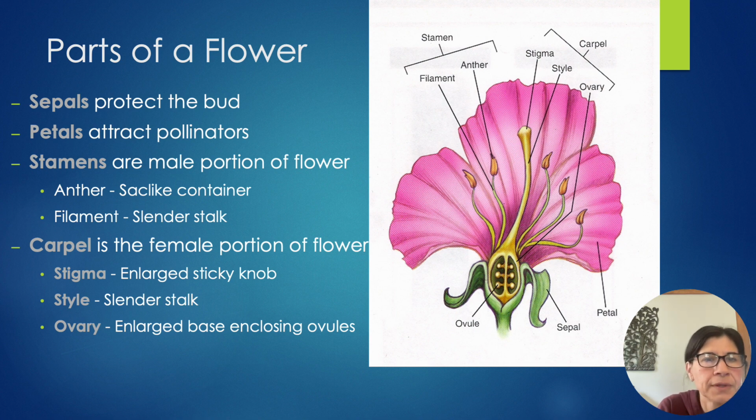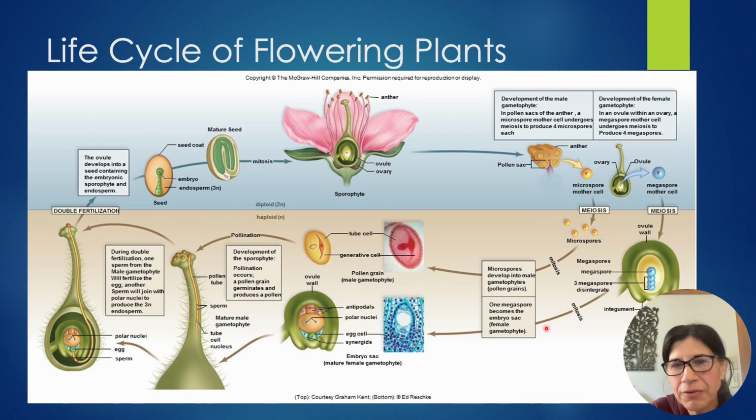Okay. Now, the life cycle, if we keep track of all the cells and everything, has a lot of detail. So I'm going to try to simplify it for everyone. And actually that picture in my first slide kind of had a simplified picture, but it was missing something. So if we start with the flower, right, and you remember this is the sporophyte, right? This is the diploid structure. And we have male and female parts, right?